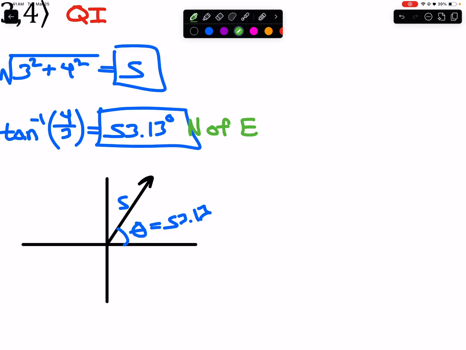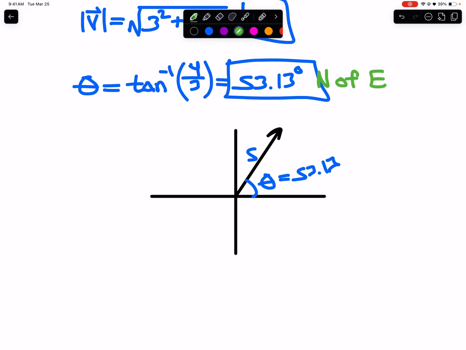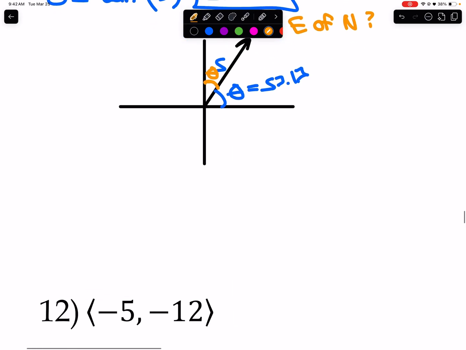Now, here's a little extension for you. What if I told you I wanted you to find the angle in terms of east of north? What would that angle be then? If I want east of north, that means I want this angle. To find that angle, I would need to do 90 degrees minus the angle that we just got.